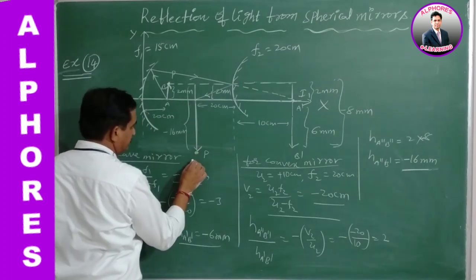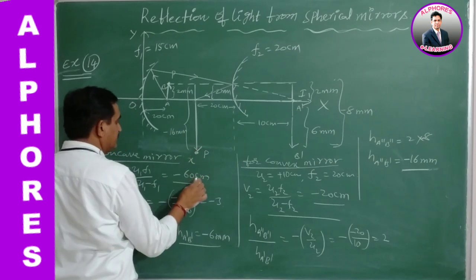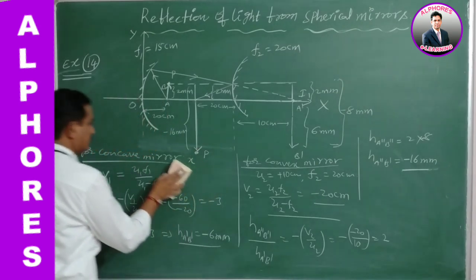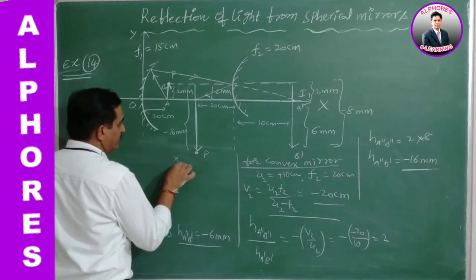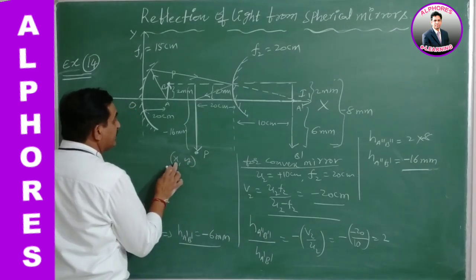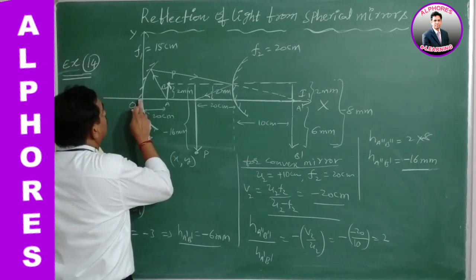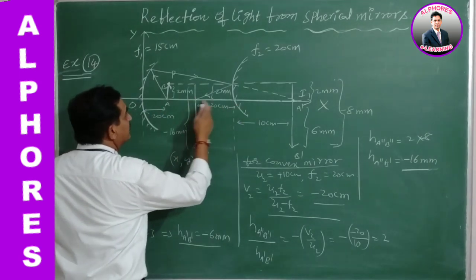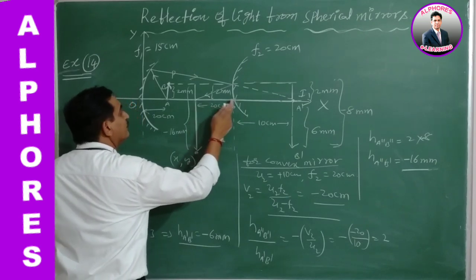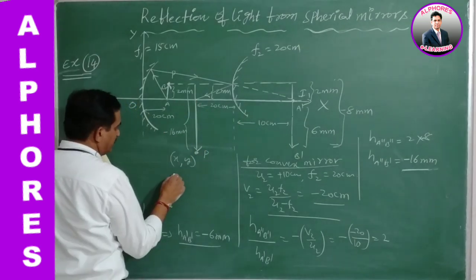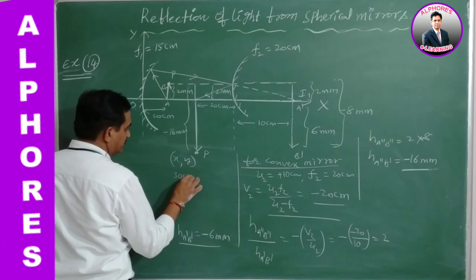X coordinate and Y coordinate. X comma Y. X coordinate is how much? From the origin to this one, 20 is removed. Total from here to here is 50, and 50 minus 20 remaining is 30 centimeters.